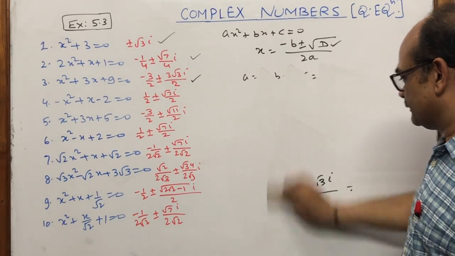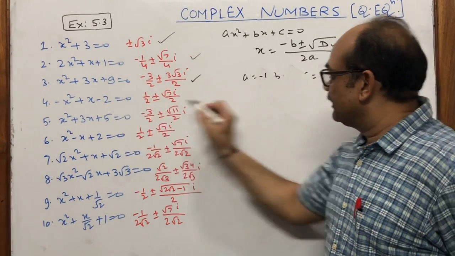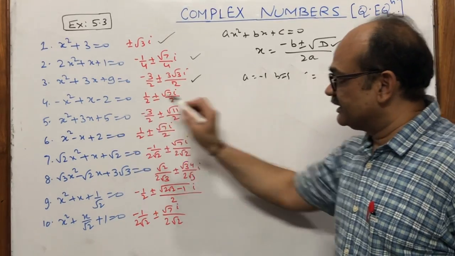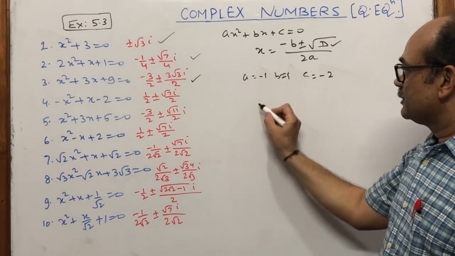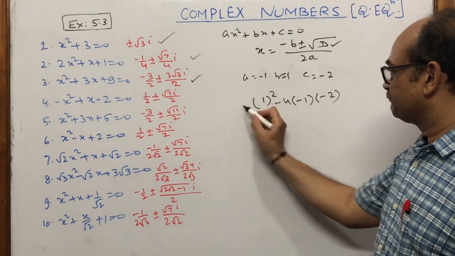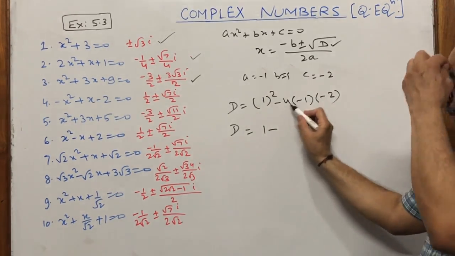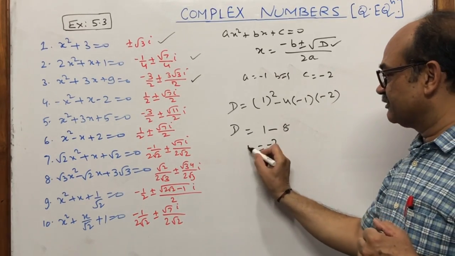Similar questions. A is minus 1, B is 1 and C is minus 2. B square minus 4AC is the discriminant. 1 minus 8, that is minus 7.